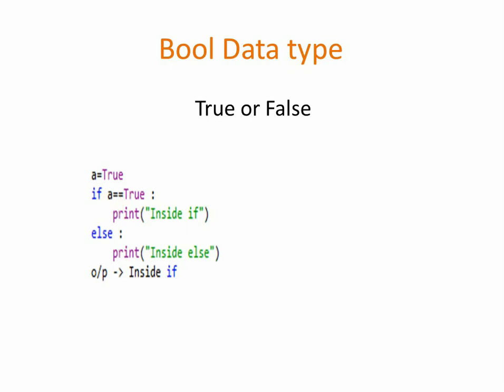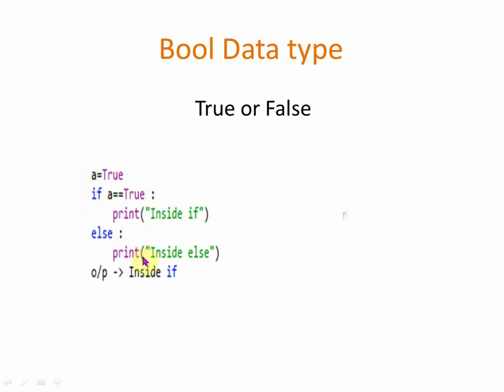This is just a gist. In the if statement, if this equal-to operator returns true, then this code will run. But if this equal-to operator returns false, then the other code will run. As here a equals true means true is equal to true, this will return true, so this code will run, and the output will be inside if. This is how boolean works.